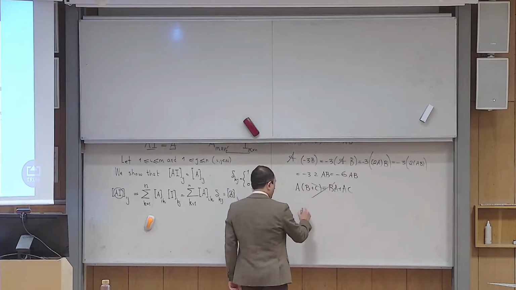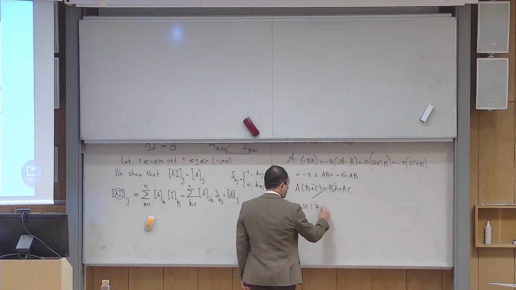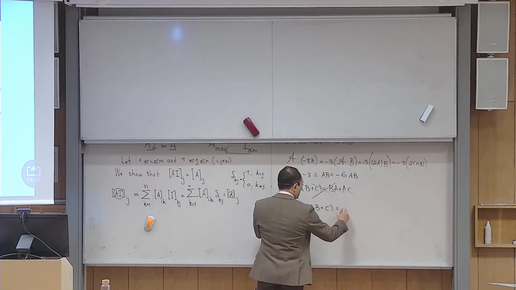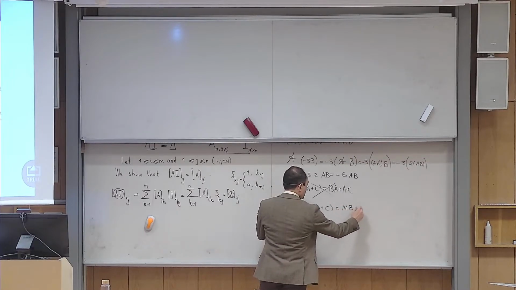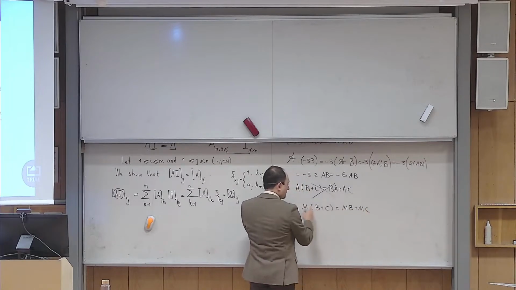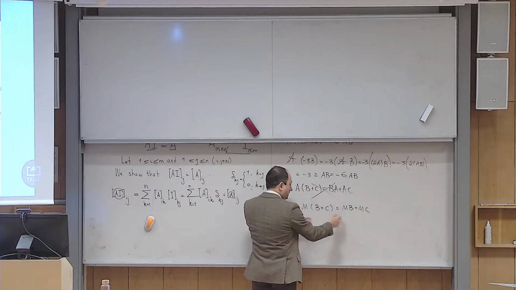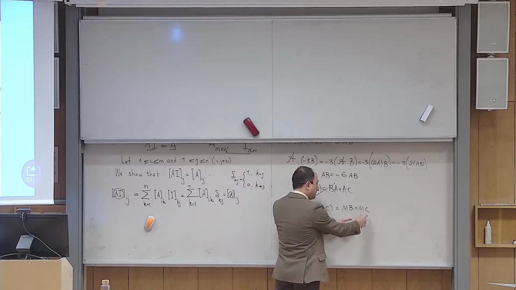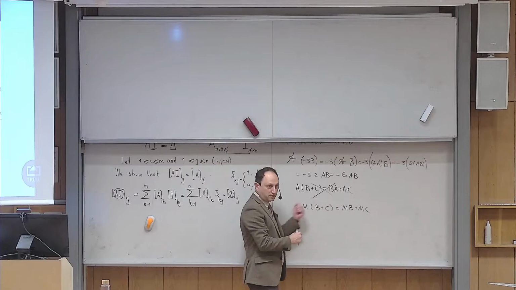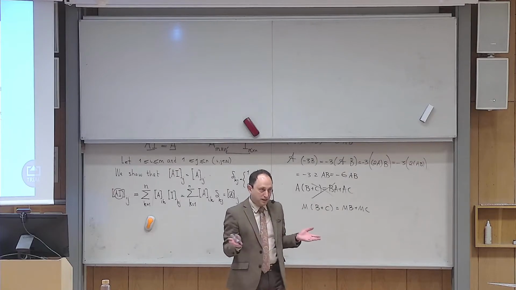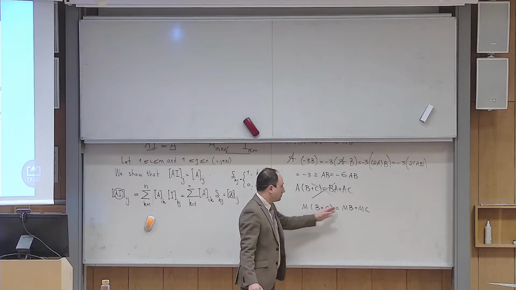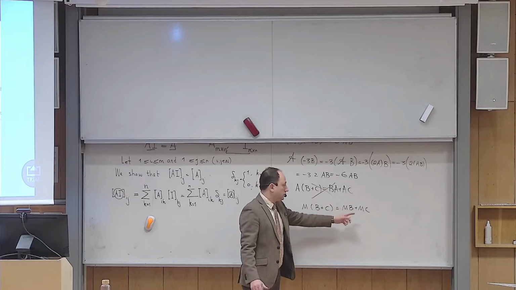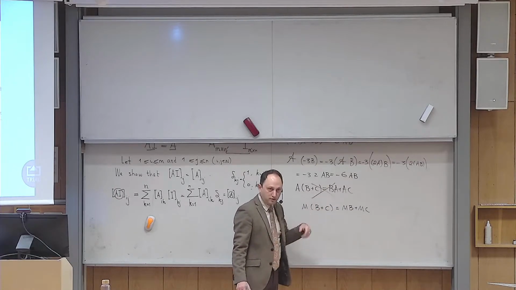Yes, when you say M times B plus C is equal MB plus MC, if you read this equality from left to right, it is distributivity. If you read the same equality from right to left, it is factoring M out. Yes, so that's the same thing. So if you go from left to right, you are distributing. If you go from right to left, you are factoring M out.